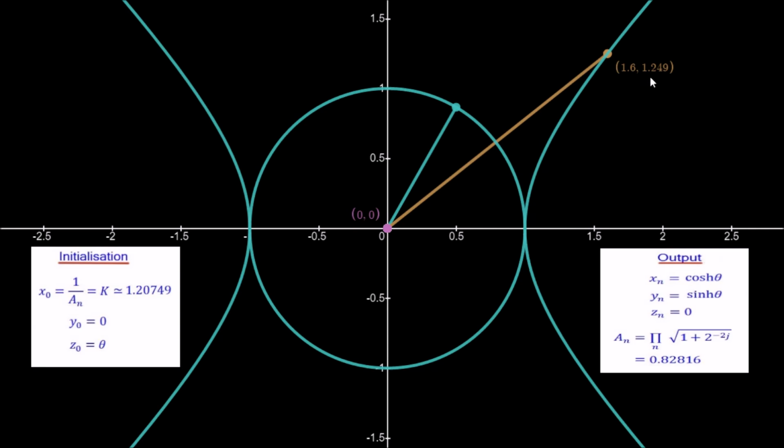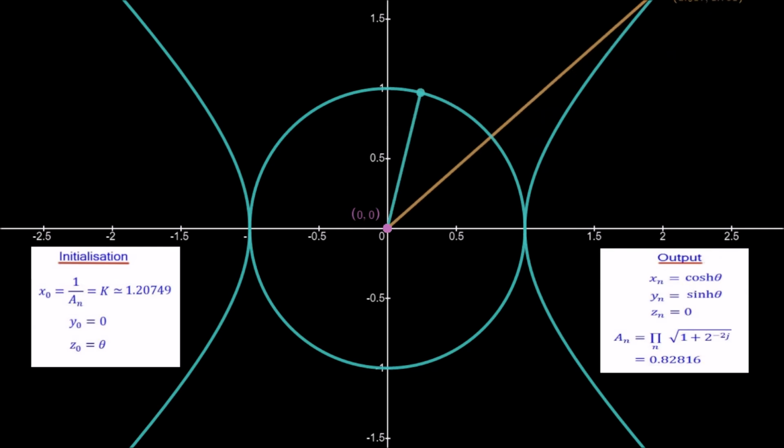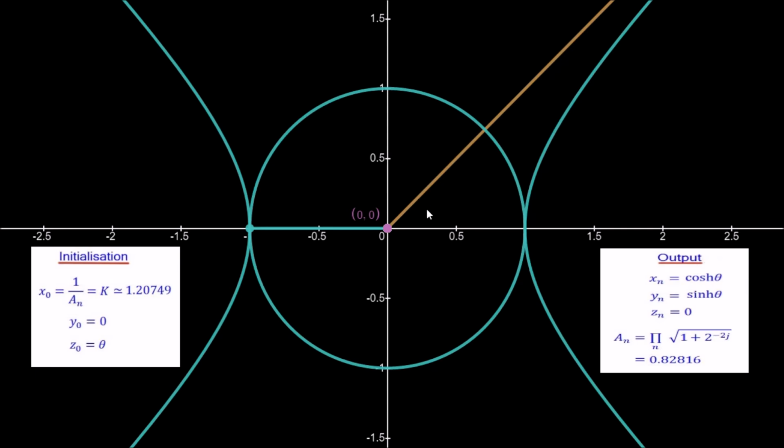So this is our cosh and this is our sinh for this circular angle. Remember, we can increase that angle all the way around to 180 degrees, and this line tends towards the asymptote given by y equals x. Whenever we move it round the other way, when we go round to minus 180 degrees, it will tend towards the asymptote y equals minus x. This is a bit of revision, we've seen this previously.